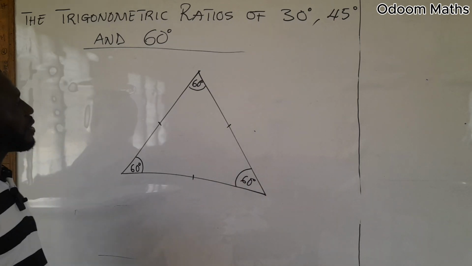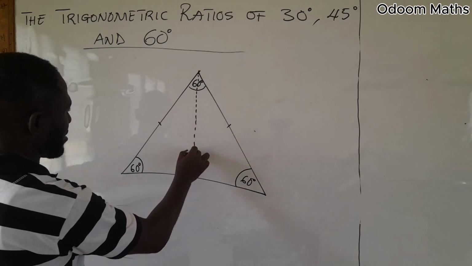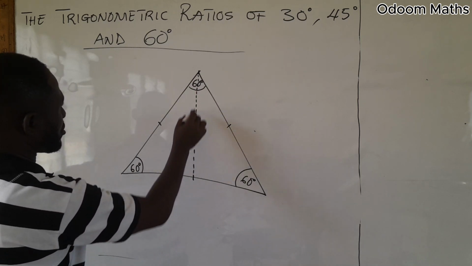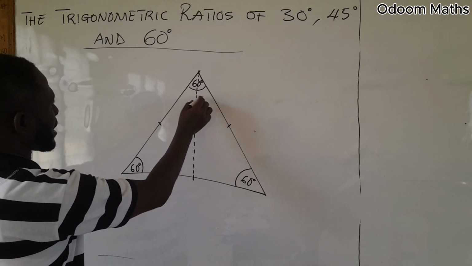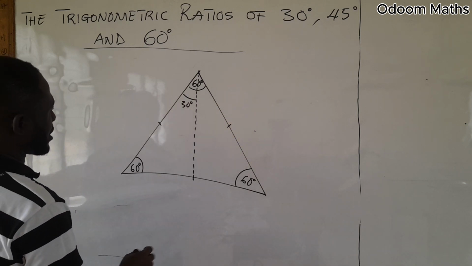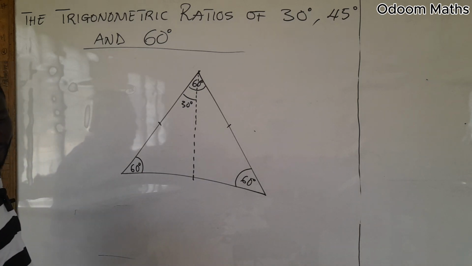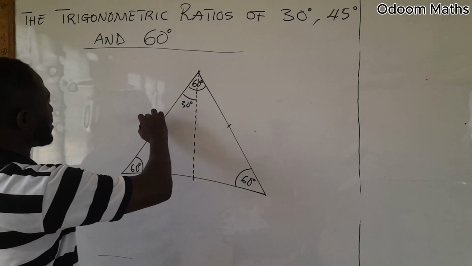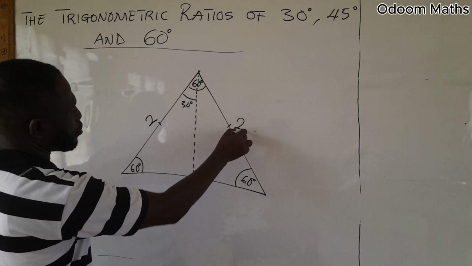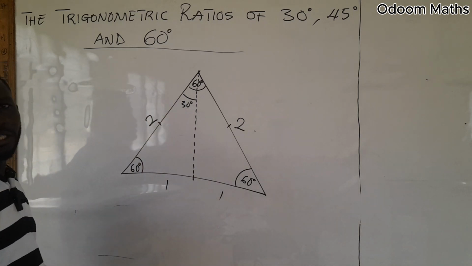Now let me try to divide this by 2. So it means that this angle becomes 30 degrees. Since the three sides are equal, let me say that this side is 2, and then 1, 1. That is 2 units each.